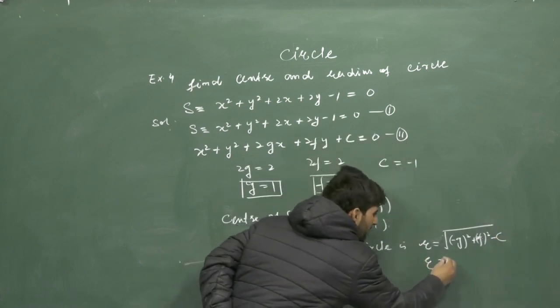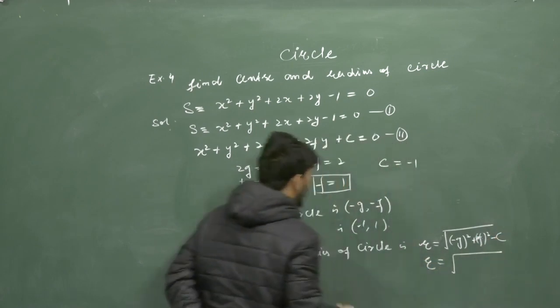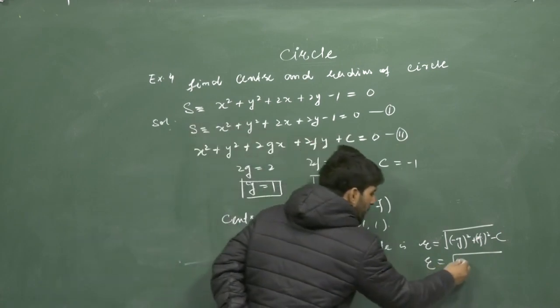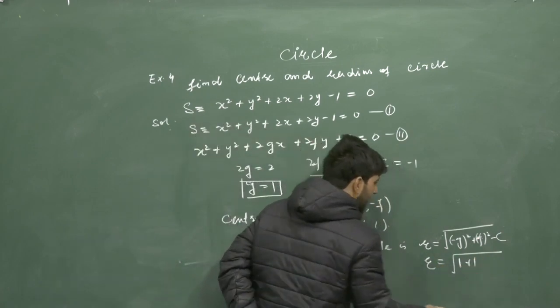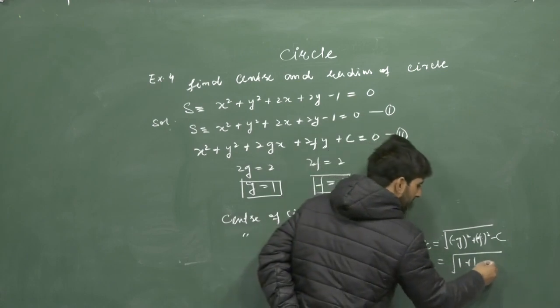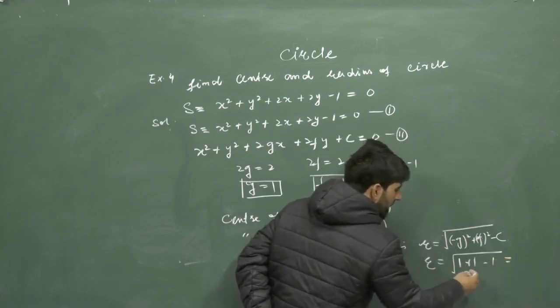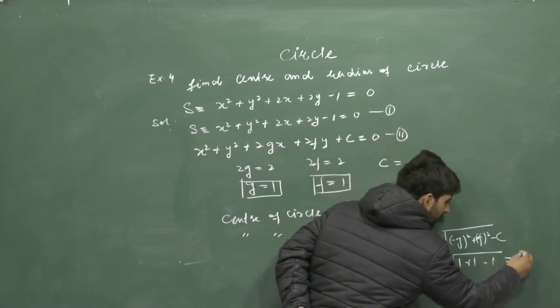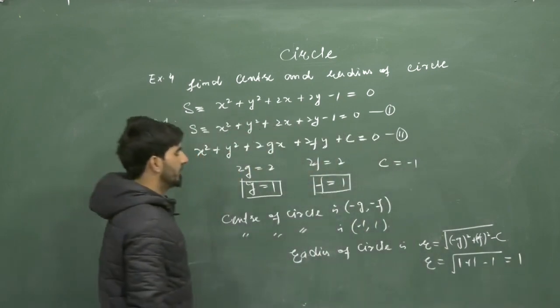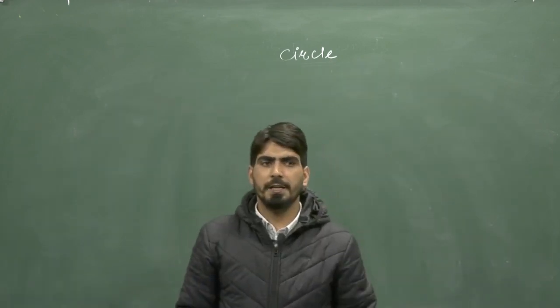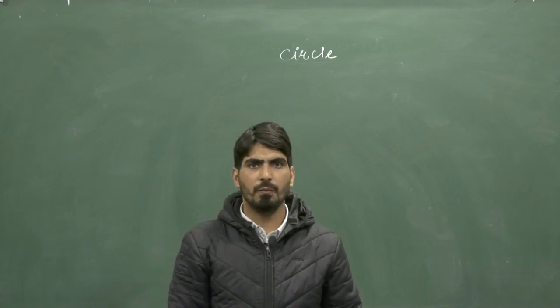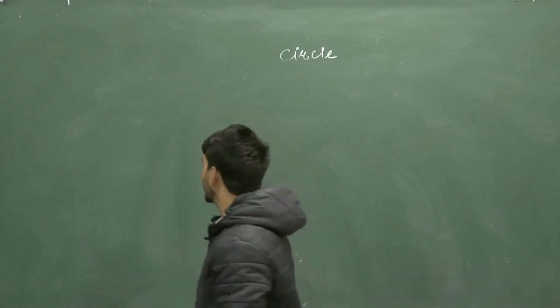So here r = root of 1^2, that is 1, plus 1, and c is -1, so this is root of 2 + 1, that is root 3. So the radius is root 3.